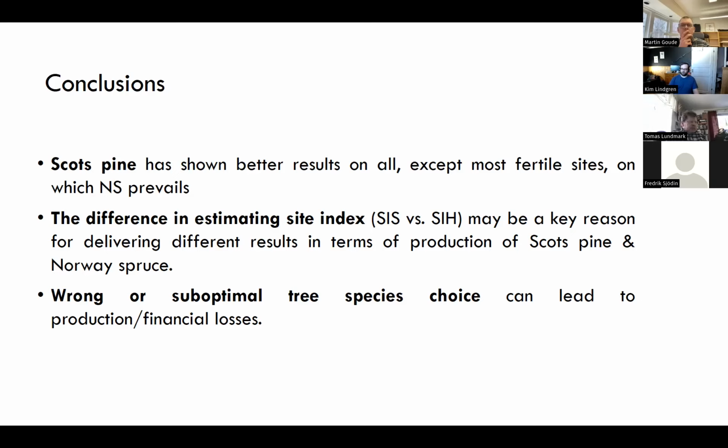So for instance, planting Norway spruce on low fertility sites, which is often the case in southern Sweden to, for instance, avoid browsing, could have serious consequences both on production and consequently also on financial losses.